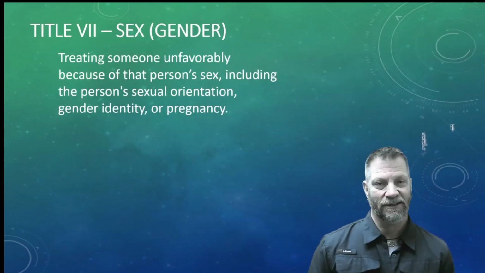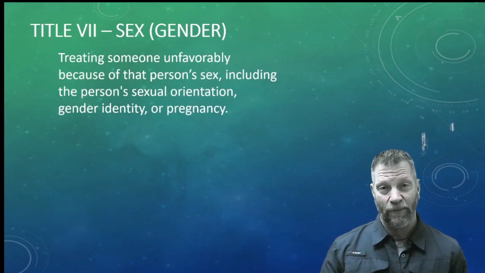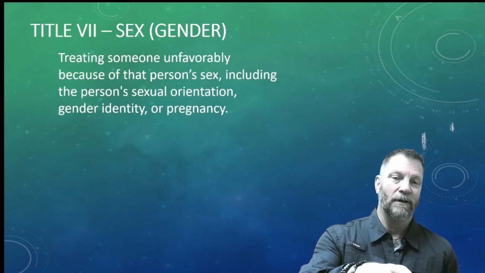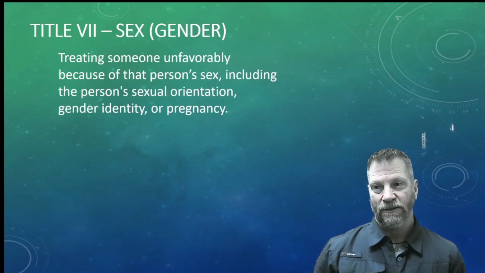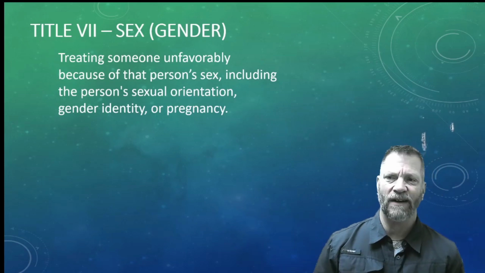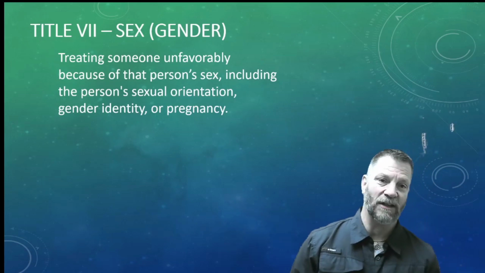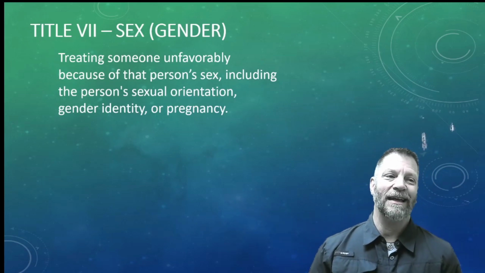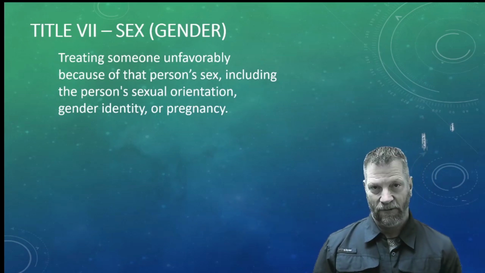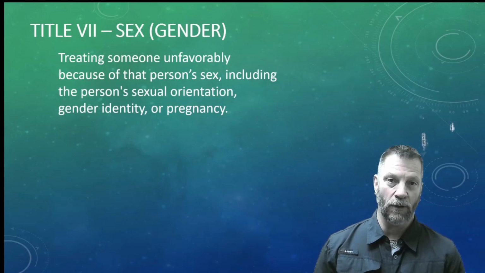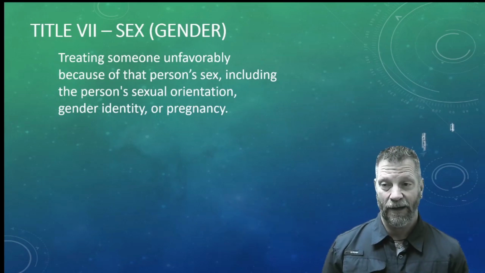Now we have sex. Sex and gender fall under the same category. Gender is, I guess you could say, a subcategory of sex. Right? So treating someone unfavorably because of that person's sex, including that person's sexual orientation, gender identity, or pregnancy. All of these categories are protected under state and federal law and CTC policy, by the way.